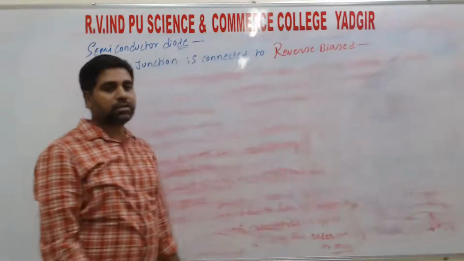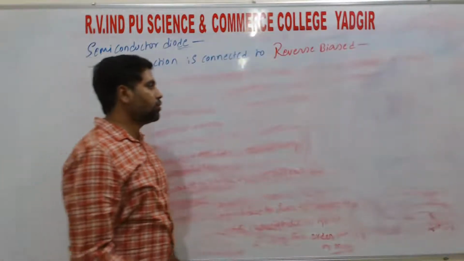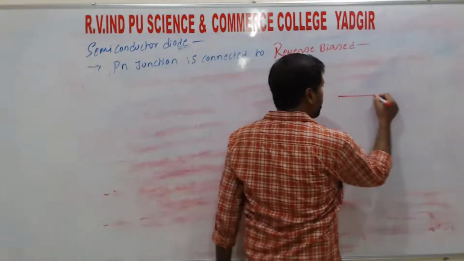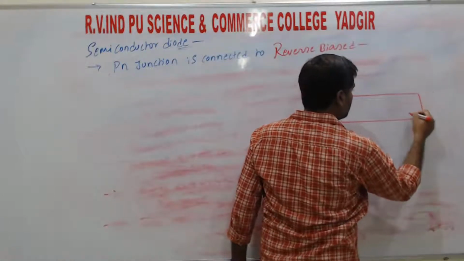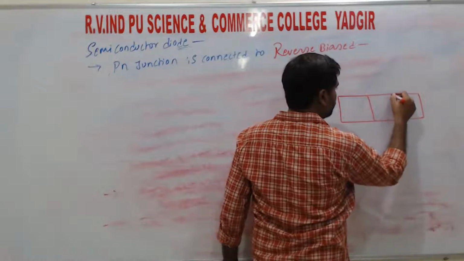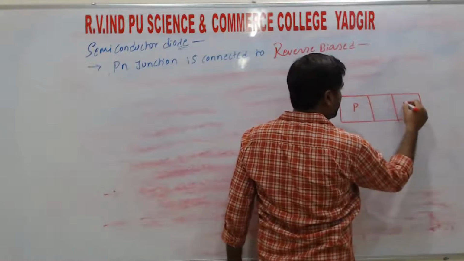So here also bias is nothing but the voltage. So reverse bias is nothing but opposite to that of the forward bias. That means here we have P N.